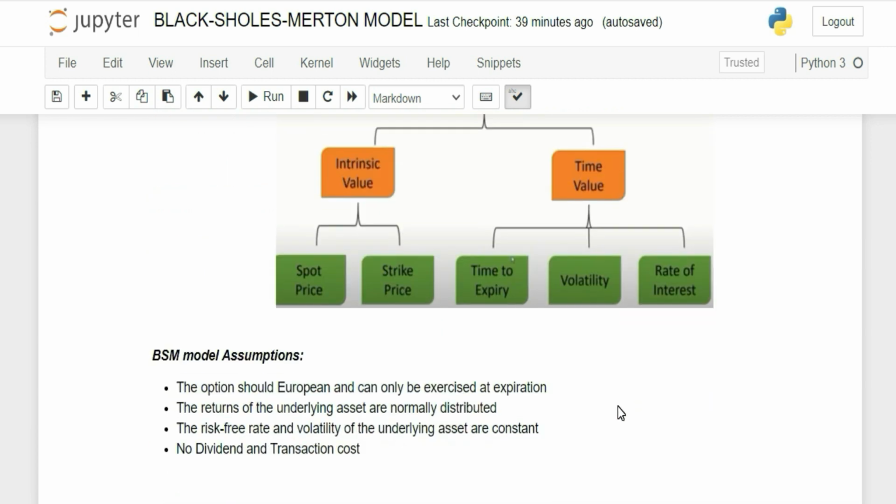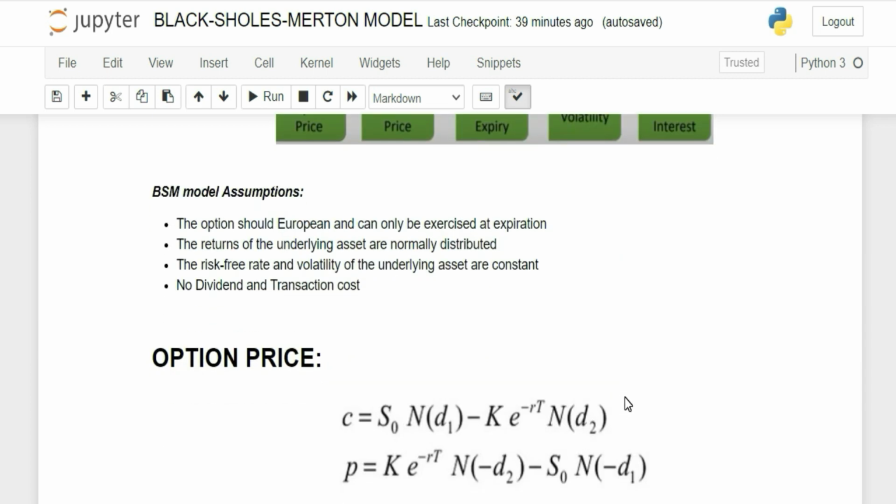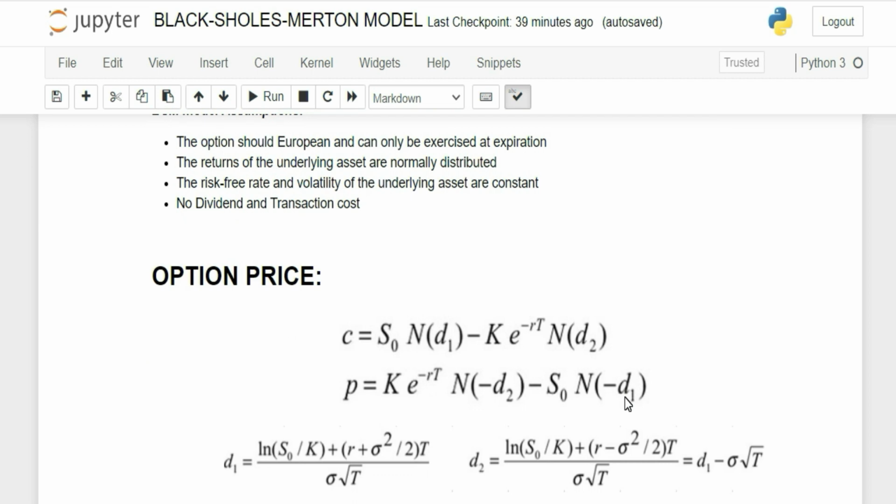Before that, in this Black-Scholes or BSM model, there are some assumptions. We are saying that if there is a market which consists of European options, where all the options can be exercised at expiry, and the returns of the underlying asset are normally distributed, and the risk-free rate and volatility of the underlying asset are constant, and there is no dividend and transaction cost, then we can calculate the price of the option through this mathematical equation.